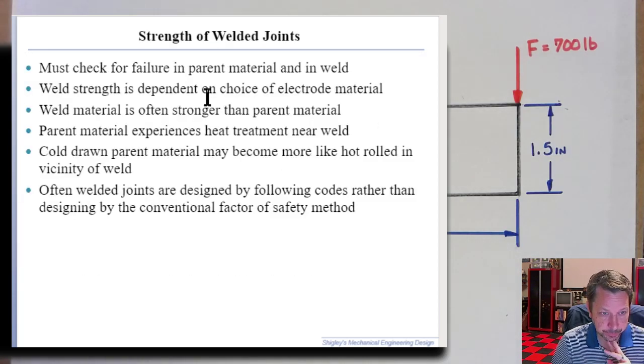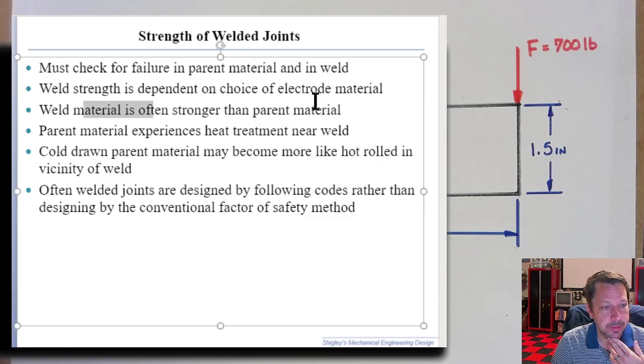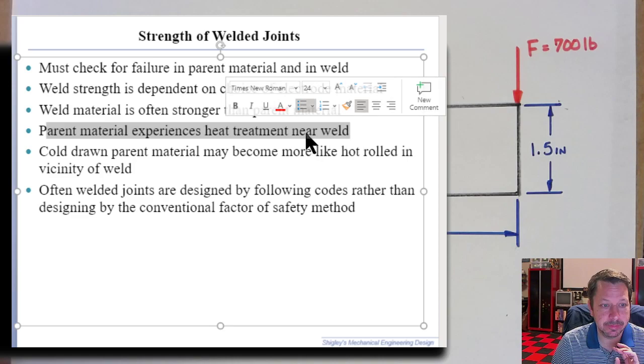So you do normally pick electrodes that are stronger than the parent material. That's what this is saying. But they do mix together and kind of make this odd area where you don't really know what's happening. The parent material experiences some form of heat treatment. It might be annealing or whatever.